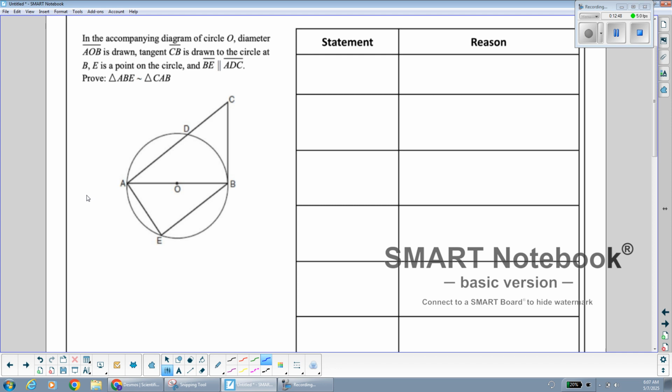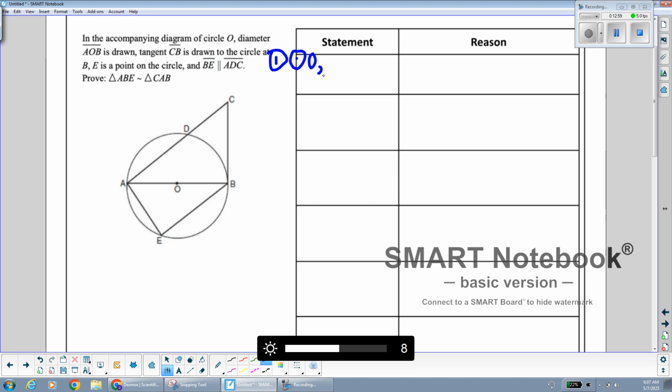So for the givens, you don't need to write every single thing down, but a lot of you guys missed half the givens here. So we do need circle O. We do need diameter AOB.